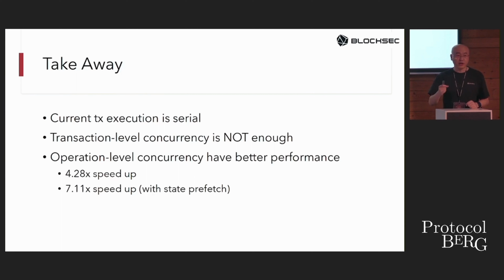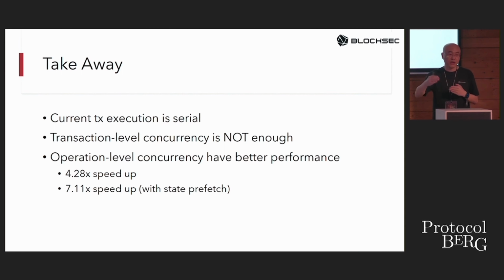So the takeaway of this talk is that the current transaction execution cannot be parallelized, and the traditional parallelism algorithm like OCC is not effective because when there is a conflict inside the storage, the whole transaction will be re-executed. So we propose a fine-grained parallelism algorithm for Ethereum transaction execution called operation level concurrency.